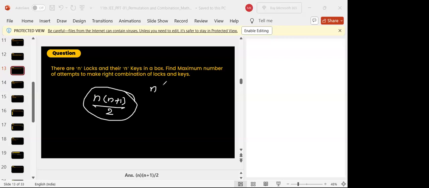Because the number of keys and locks are the same, we always take the form n into n plus 1 by 2, which we call 1 plus 2 plus 3 plus 4, etc., plus n, equal to n into n plus 1 by 2. This is the answer. Please write down the formula.